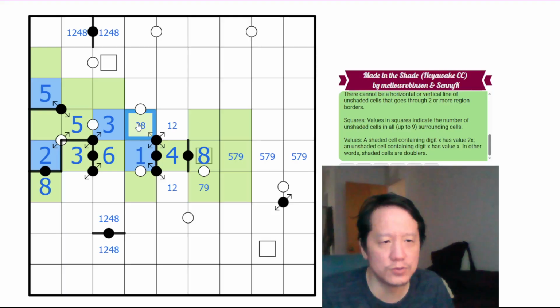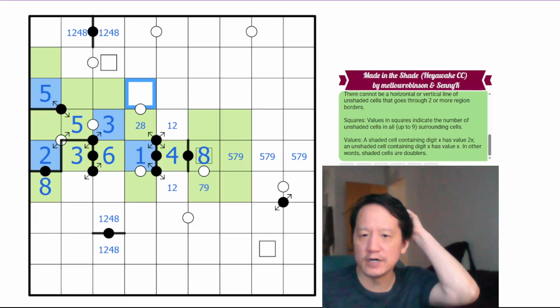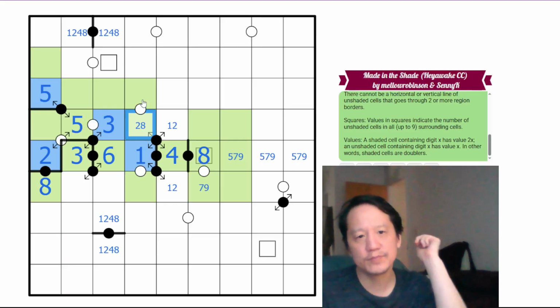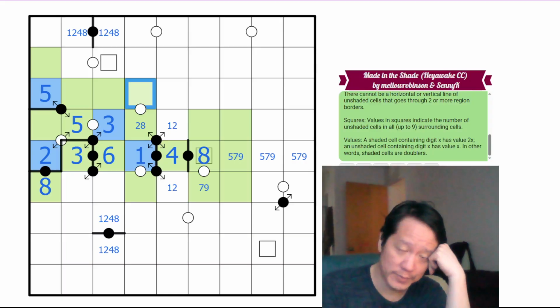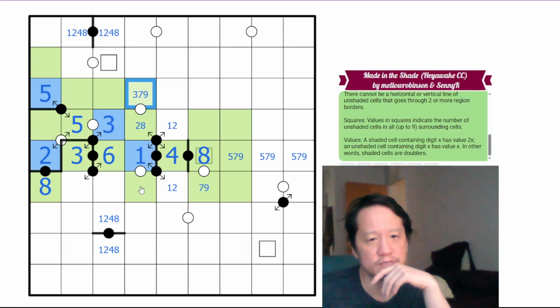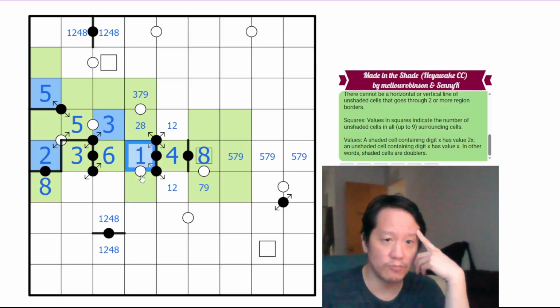We have 2 or 8 here. If we have 2 in value, it must be an odd digit. So this is green. Same with 8, right? So this cannot be 1, it's 3, 7, or 9 here to be consecutive. This is 2 in value, so this can't be 1, which means this must be 3 to be consecutive with it.